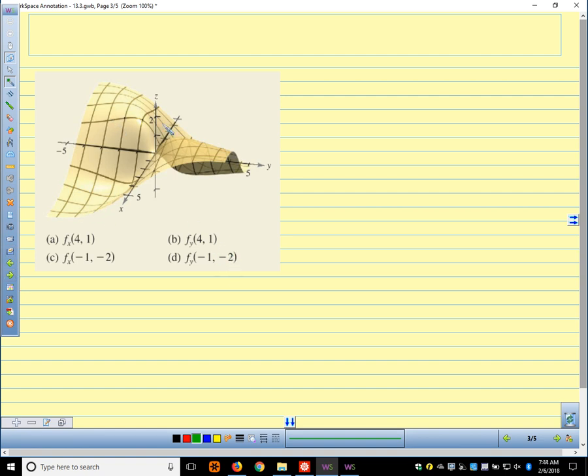It kind of goes down here, down behind, goes up here. And for part A, we want the sign of the partial derivative with respect to x at the point 4, 1. So let's go to point 4, 1: 1, 2, 3, 4, and y equals 1. So we're up here.